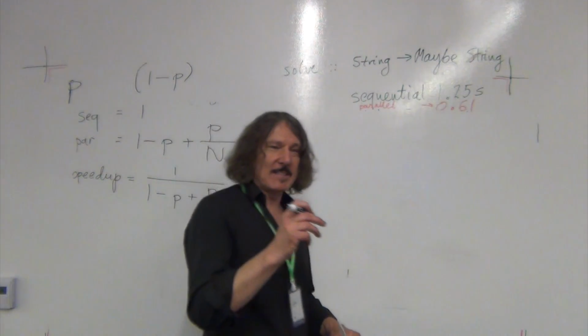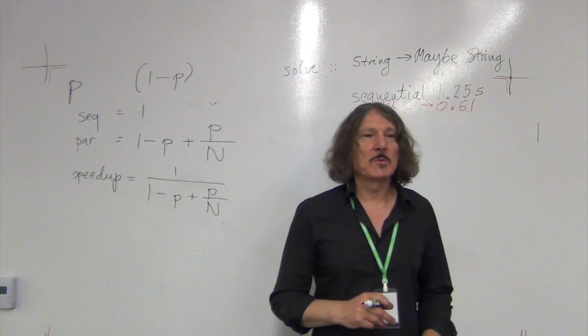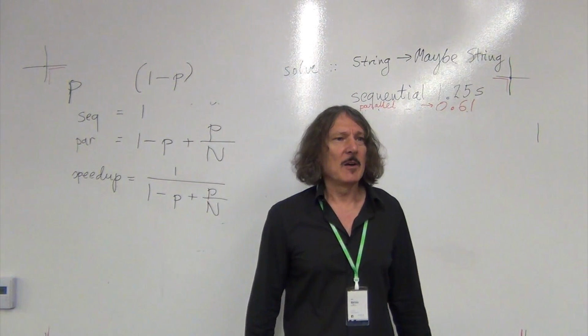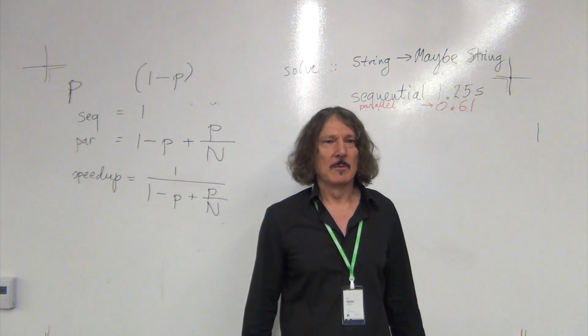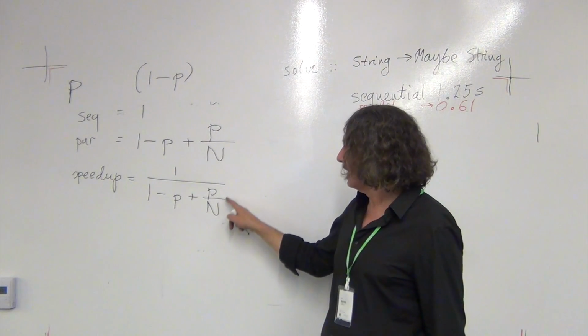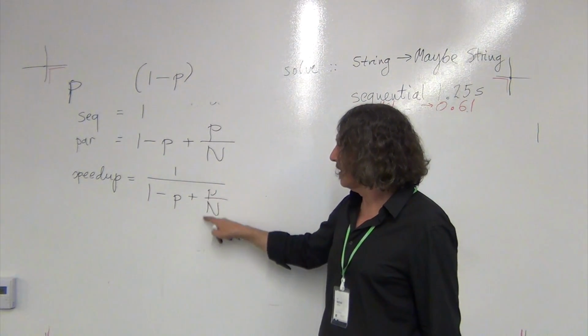But what's interesting is, well, suppose we have lots and lots of processors. How much can we speed up this program? Well, let's say n goes to infinity. If n goes to infinity, this term here goes to 0.